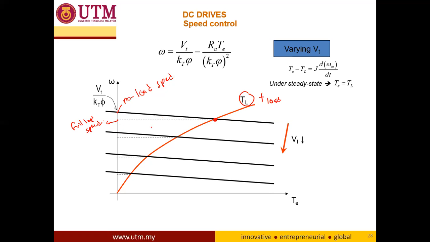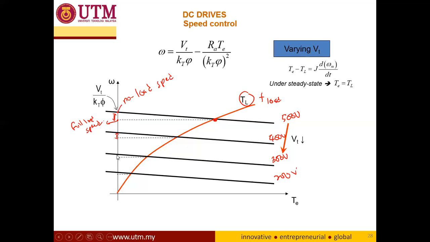So for example, this one is 500 volt, and this one is 400 volt. So we have a different characteristic depending on the voltage input. This is the difference between the no load speed and the full load speed. As you can see, when we are using the VT, the difference between no load and full load is not very big.